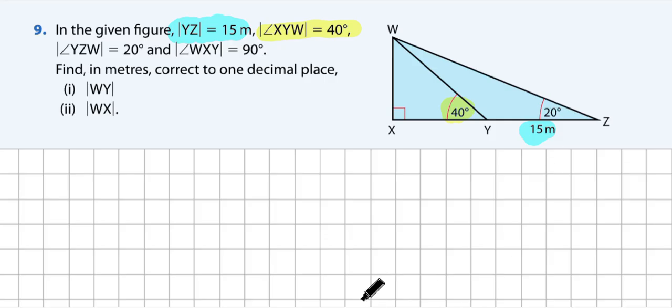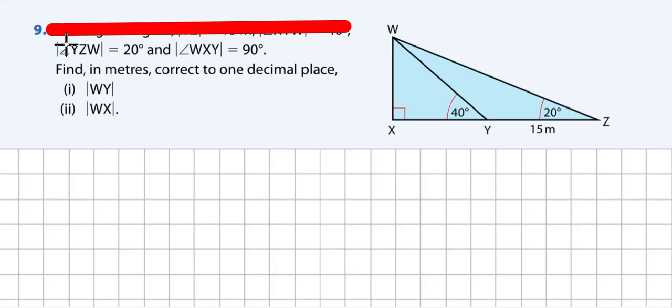So this angle YZW is that one there. And WXY, what's WXY? Yeah, that's that part down here. See the 90 degrees? So all that extra writing on top, it's already in the diagram, so it doesn't actually affect us. If you're getting confused by all the writing, essentially I'm looking at this part.